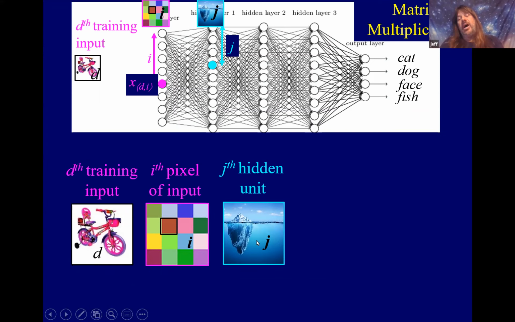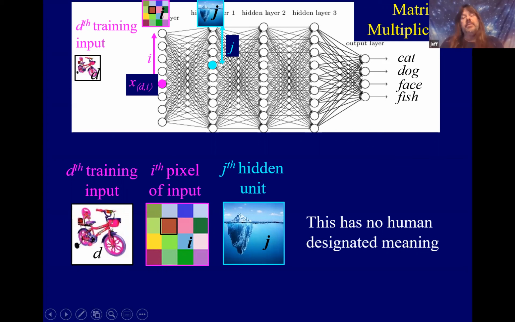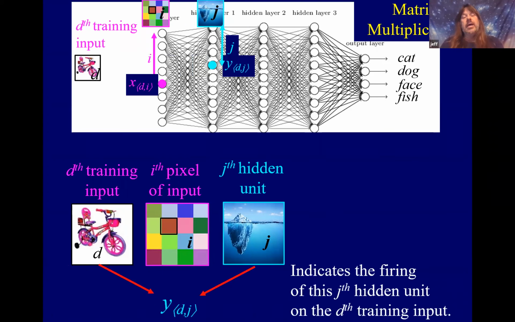And here we have an iceberg that's mostly hidden, so that's why I'm using it for our hidden nodes. These hidden nodes, I said last time, have no real human-designed meaning. But we can define these y values: for the dth training data, is the jth hidden node firing, some number between 0 and 1?